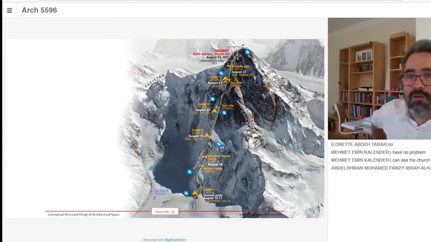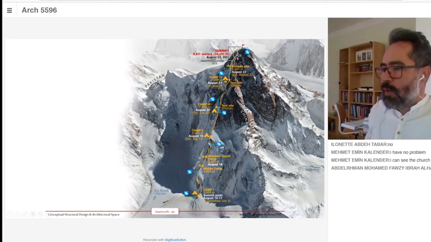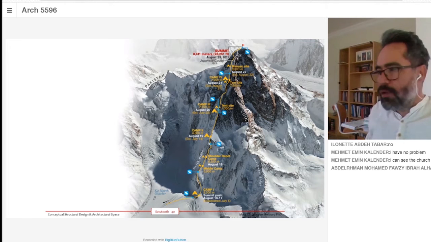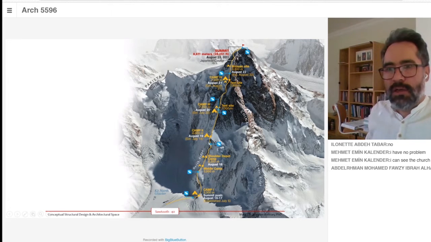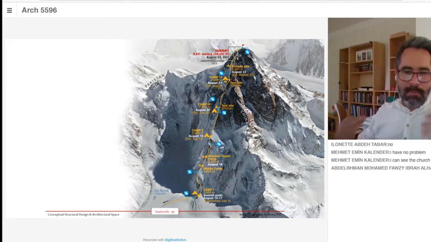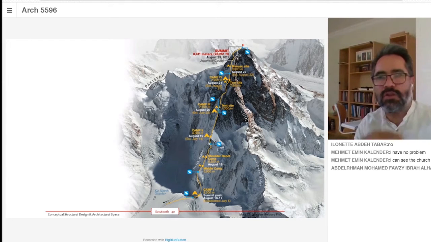Now, as you might know, when you go higher in altitude, the amount of oxygen in the atmosphere reduces drastically. And that means that, apart from the physical effort, you cannot just climb up. You need to make your body acclimatize. You need to give time to your body to get used to this.